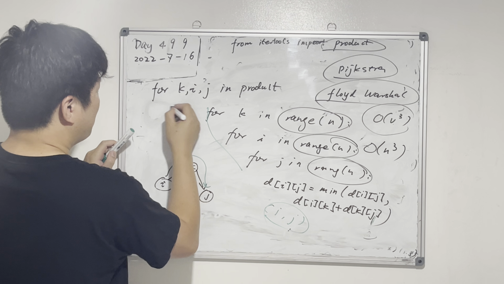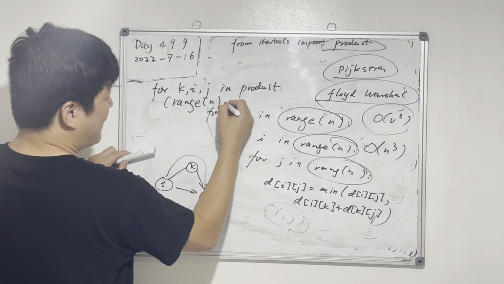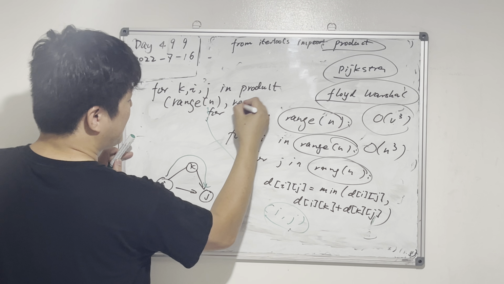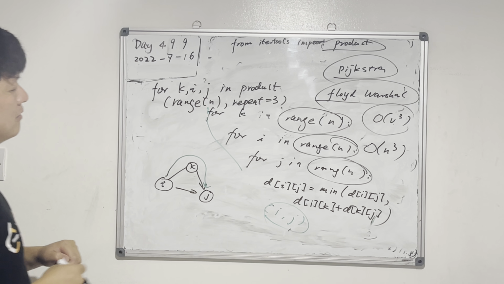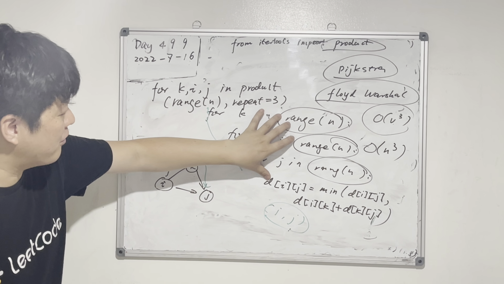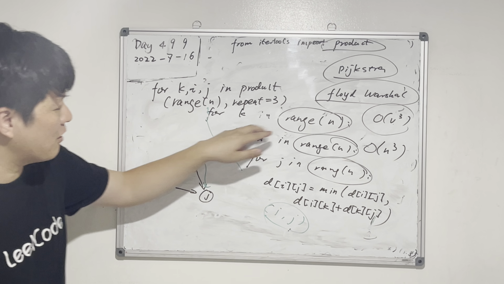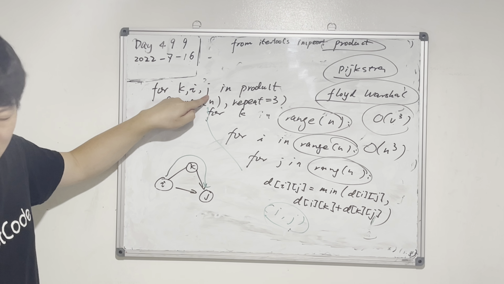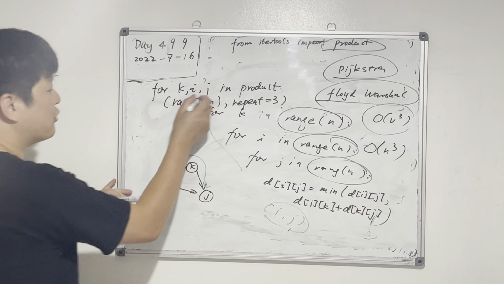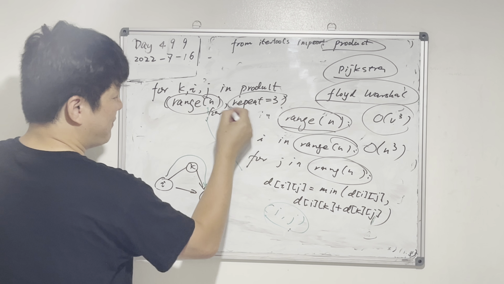Product range n, and then we pass the second parameter, repeat equal 3 times, okay? These 3 for loops can be replaced by this one for loop, and the time complexity is still O(n cubed). For K, I, J, that's a tuple. Basically, this is range n Cartesian product itself 3 times. That's what it means.